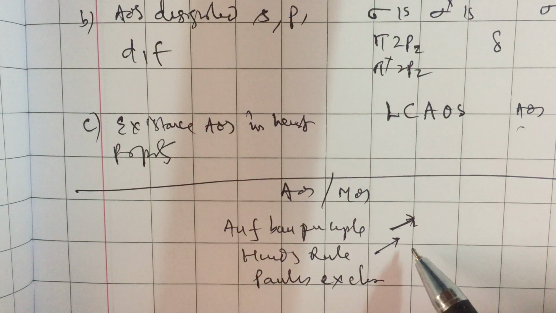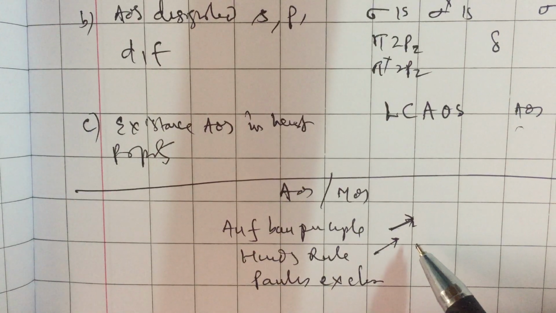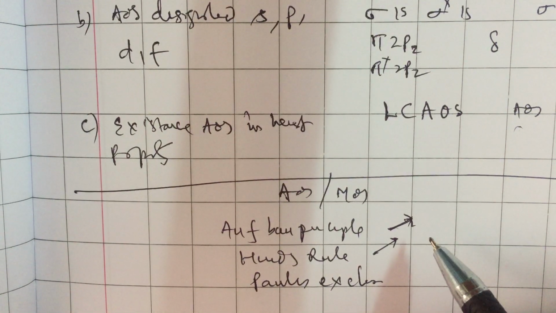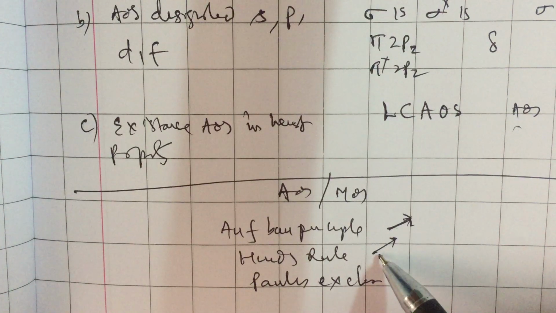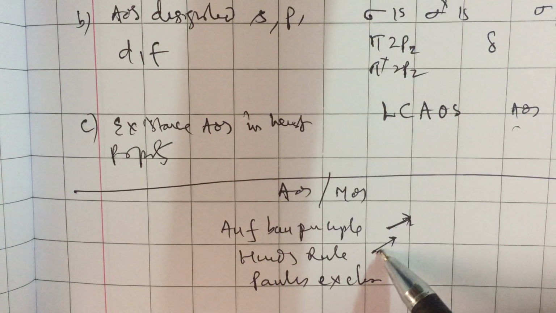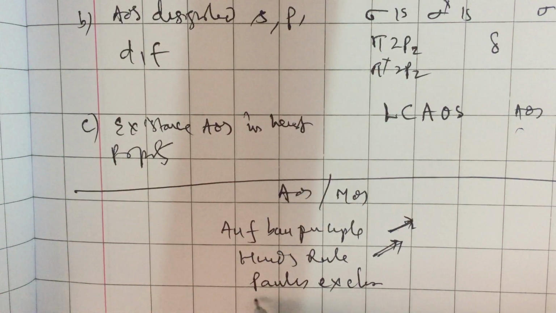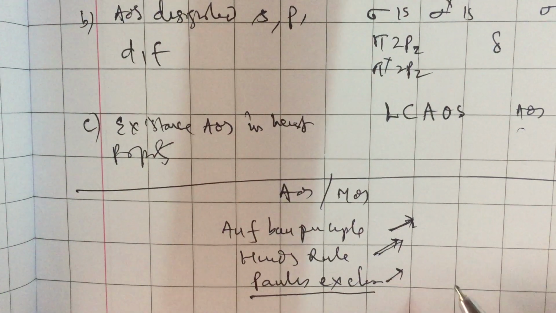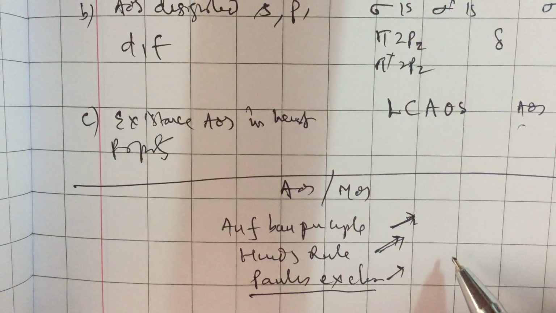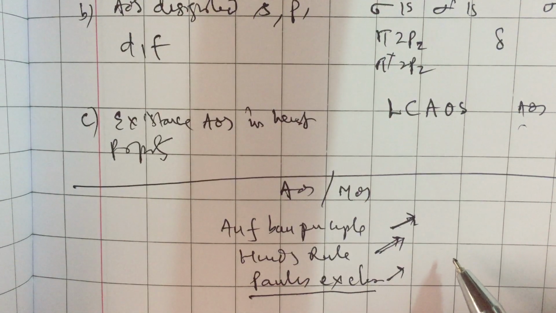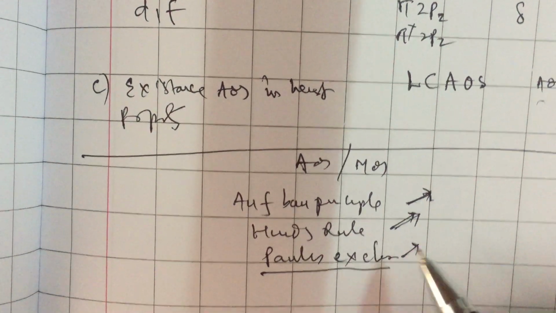And in degenerate orbitals, say like 2px, 2py, 2pz, pi 2px, pi 2py, electrons do not pair up unless each one of them is half filled with one electron and parallel spin. And Pauli's principle is also obeyed, that is, no particular orbital can accommodate more than two electrons.